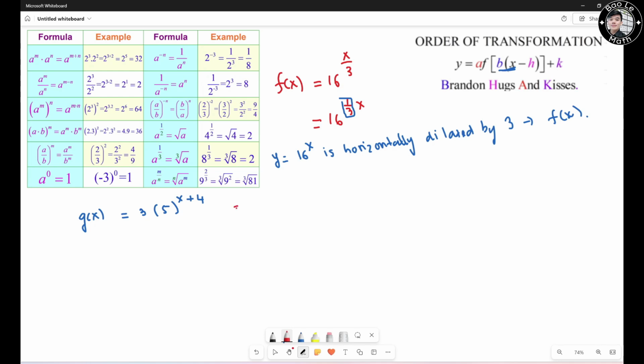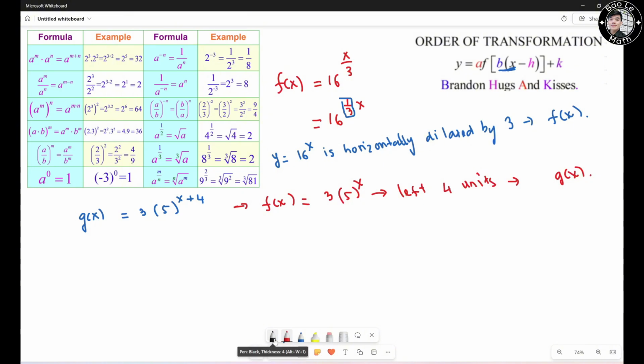So the function g of x comes from the function f of x equals 3 times 5 to the x, and shift it to the left 4 units to get g of x.